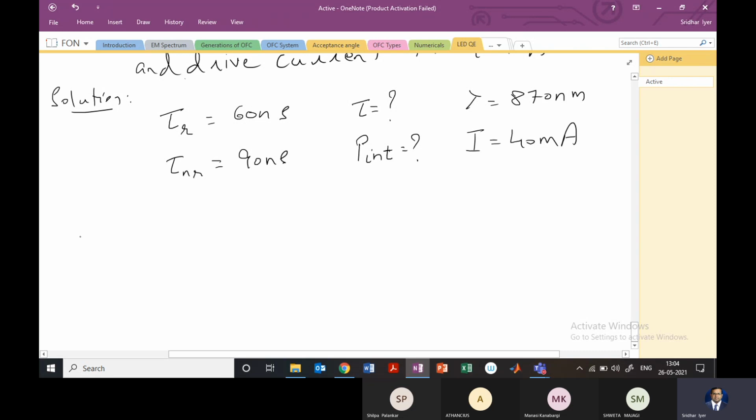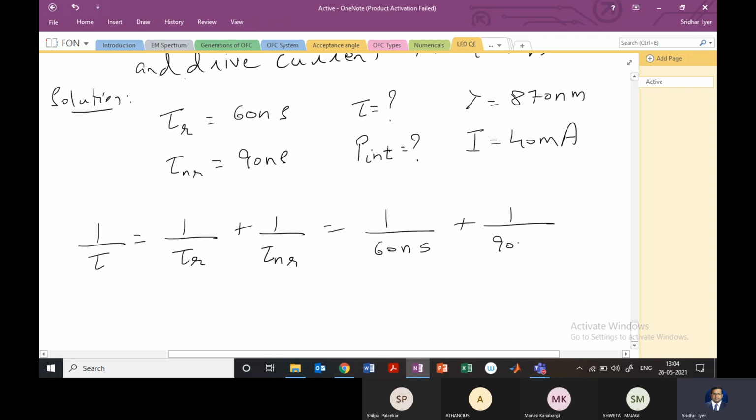So we know that total recombination lifetime 1 by tau has a relation as 1 by tau r plus 1 by tau nr, right? So we can also write this in the form of tau, or we can leave it as it is. So 1 by tau r will just be 1 by 60 nanoseconds plus 1 by tau nr, which is 1 by 90 nanoseconds, right?